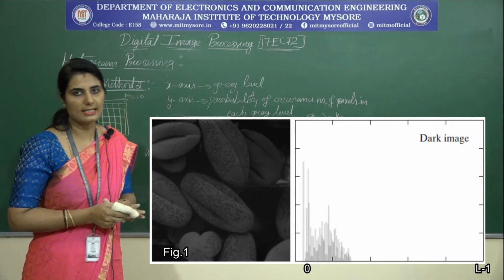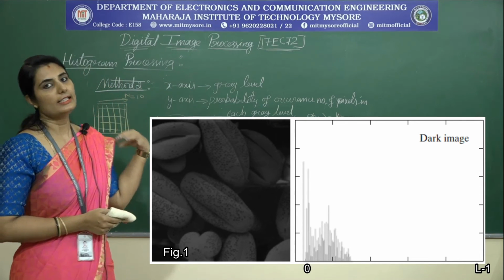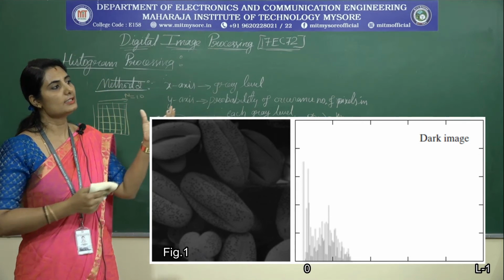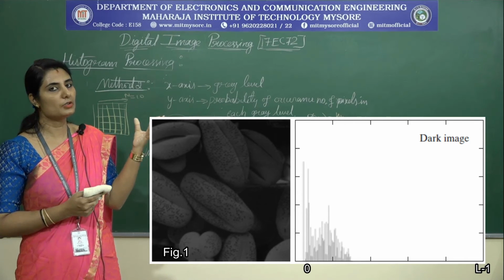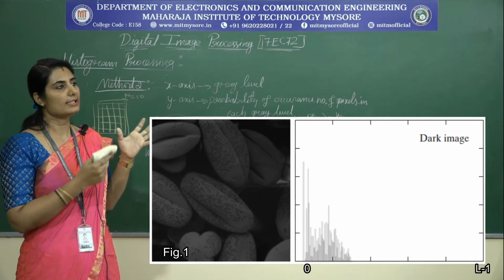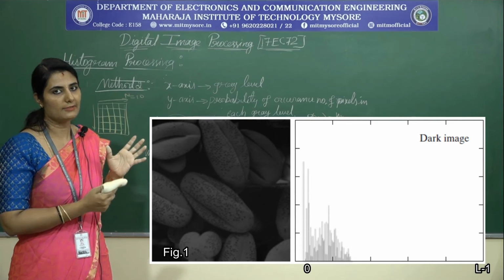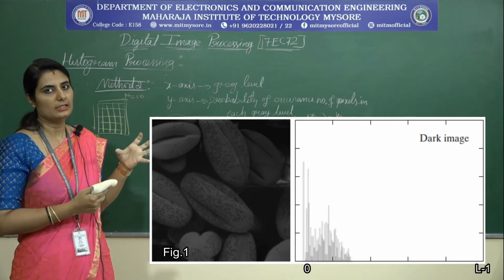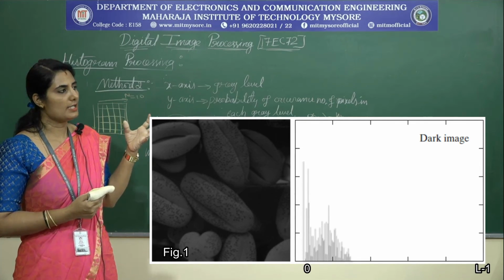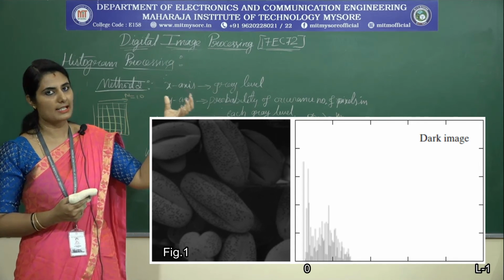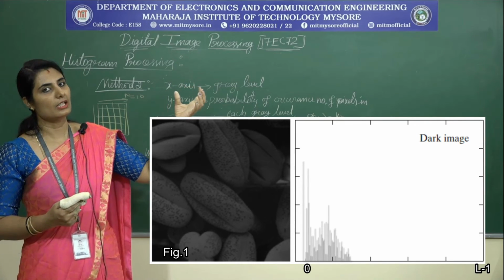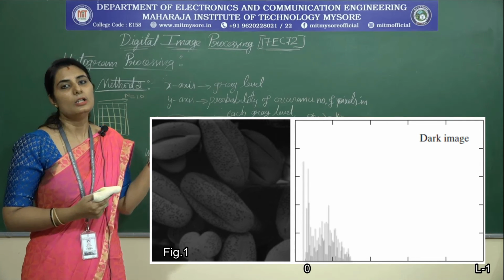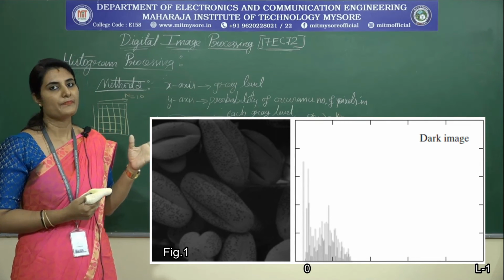In this histogram plot, observe that the histogram is concentrated towards the left side of the graph, that is towards the lower intensity levels, towards 0, that means towards black. Since it is a darker image, the histogram plot appears like this.